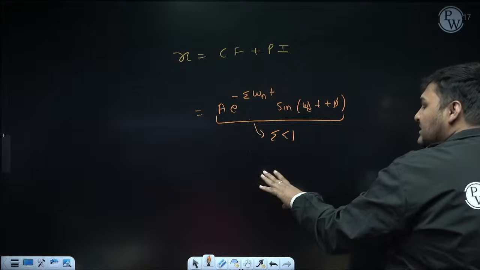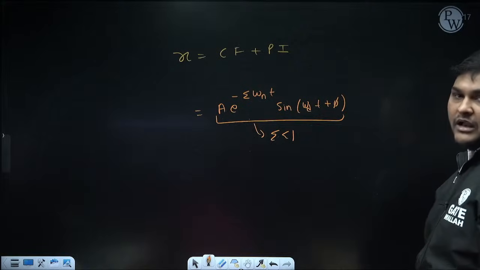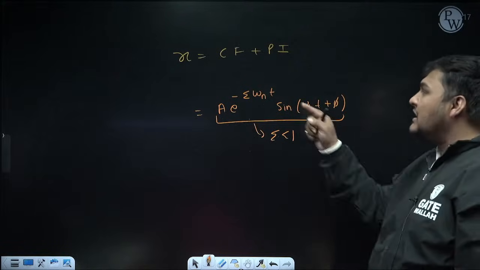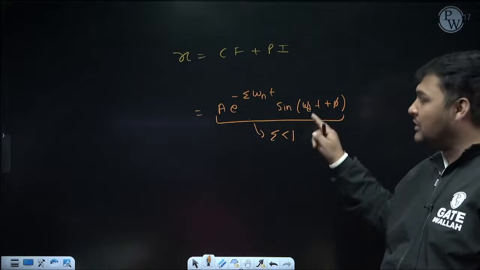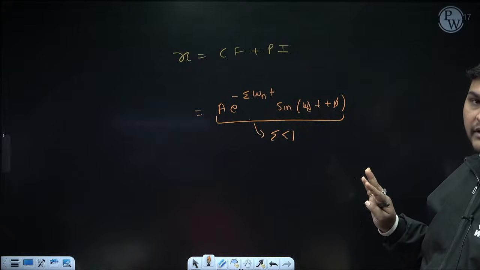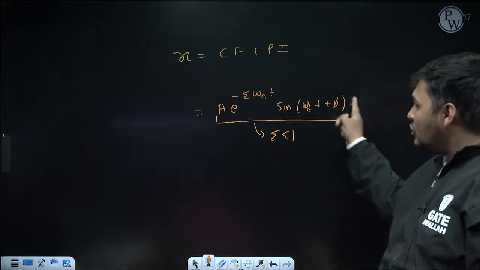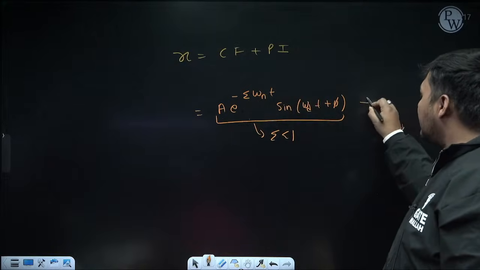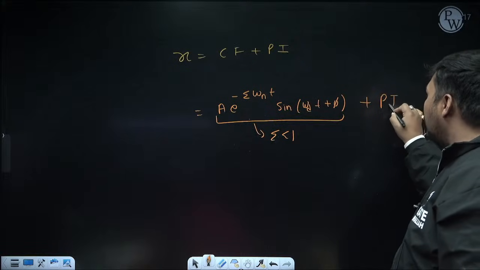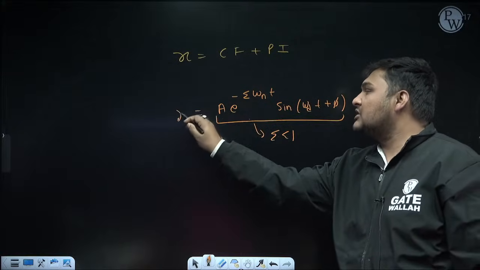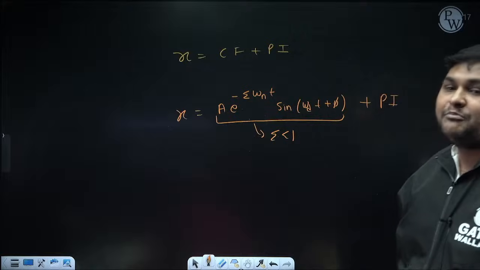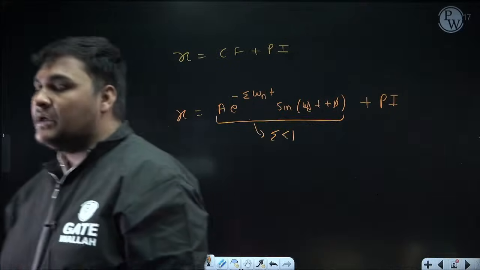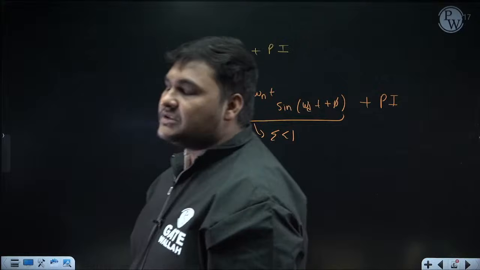Even when zeta is equal to 1 or greater than 1, CF will reduce with time, but it will not be a periodic function. But don't go into this equation too much. Here PI is more important. If you want to find the complete solution, that is the equation of x, you need to find PI also. So now I am doing the calculation for PI.